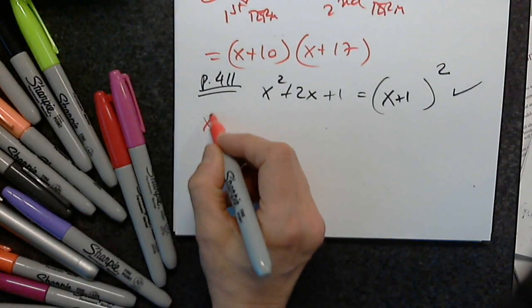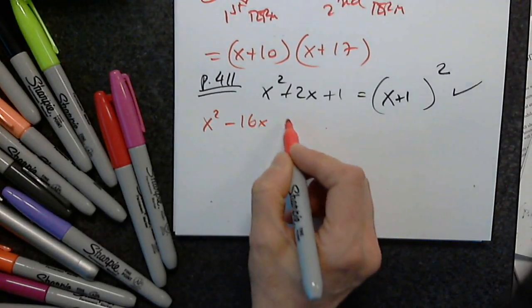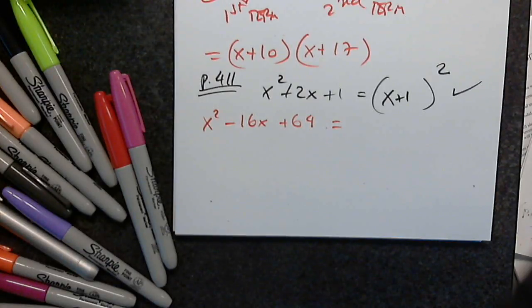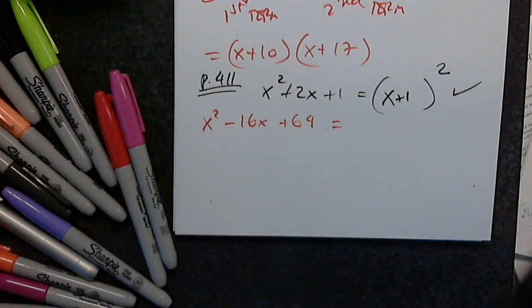X squared minus 16x plus 64. What is it? Is it in descending order? Greatest common factor. No. All three have to have a common factor.